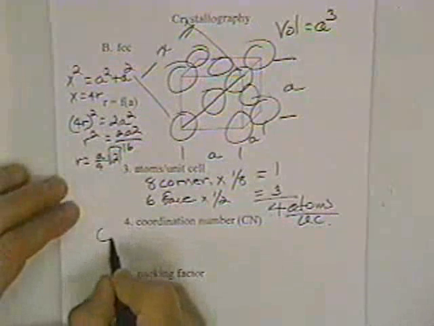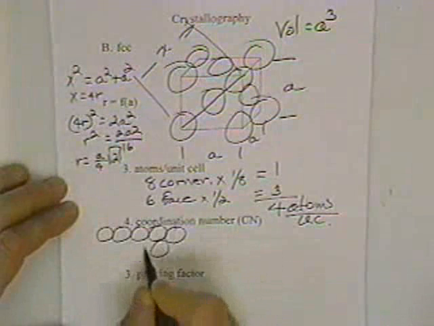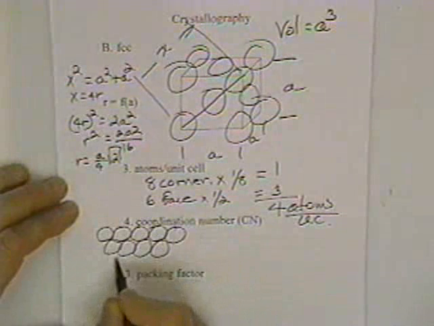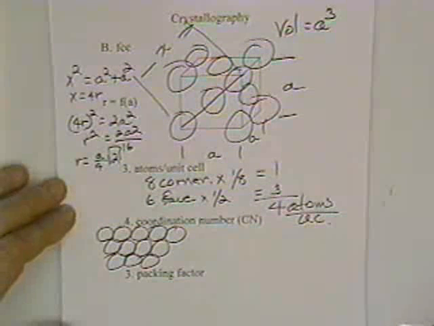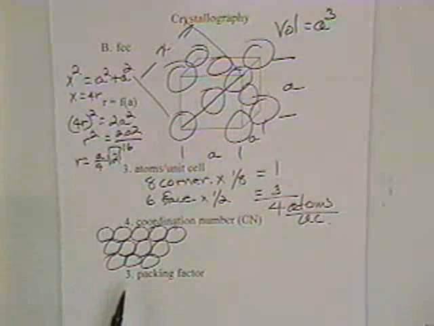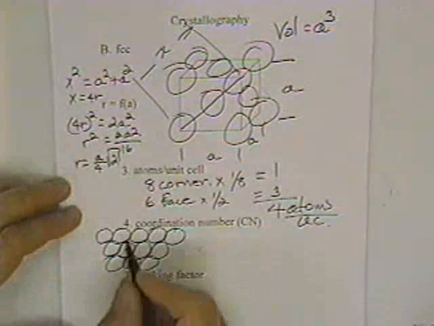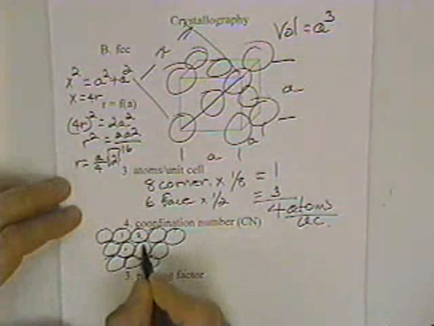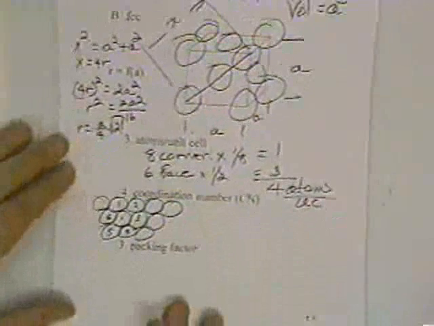Now, close packed structure means that it's made up of close packed planes. Might go ahead and draw one of these close packed planes on your notes there. I've got one a couple pages back. You see that for this close packed plane, let's look at this atom right here. How many nearest neighbors does it have? 1, 2, 3, 4, 5, 6 nearest neighbors.